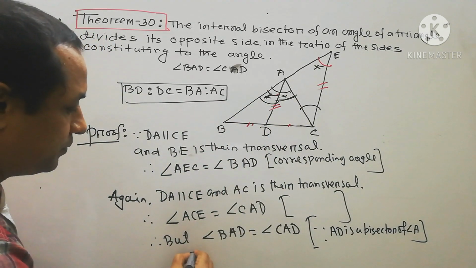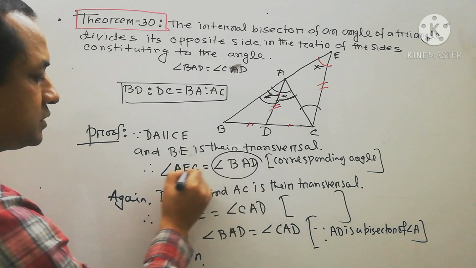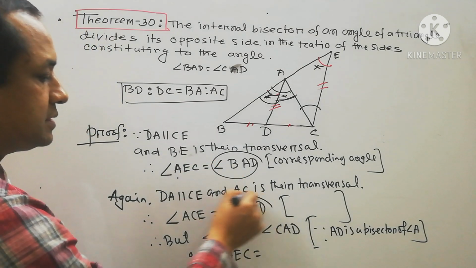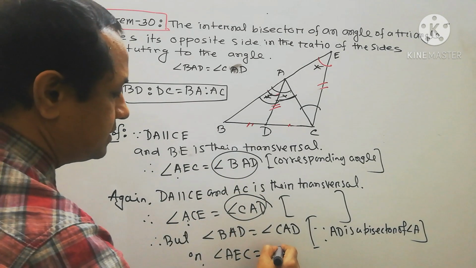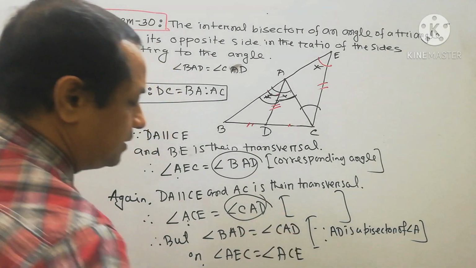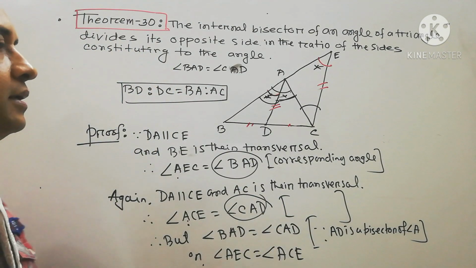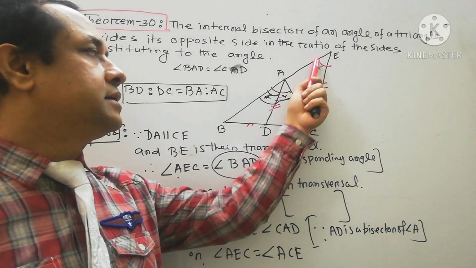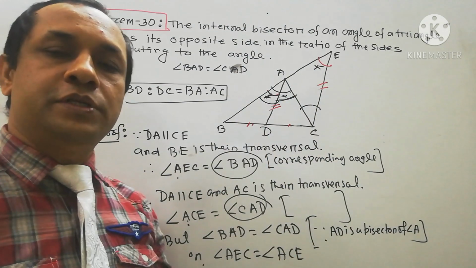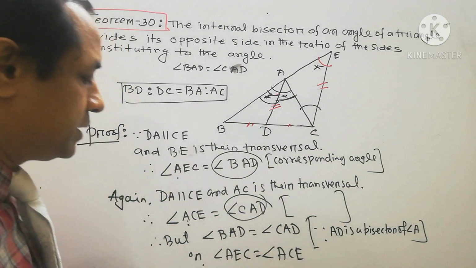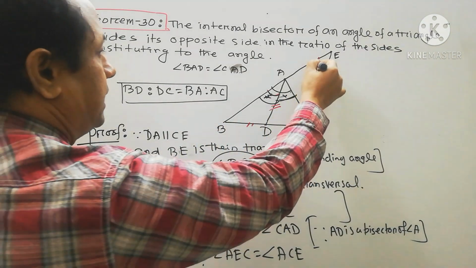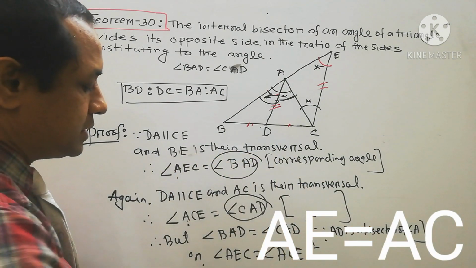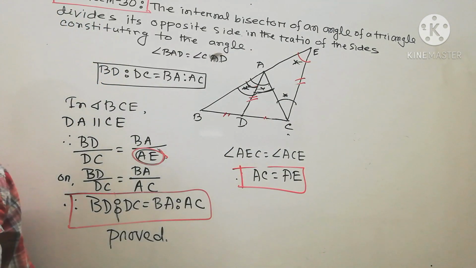Now putting the values, BAD equals angle AEC, and CAD equals angle ACE. So in triangle AEC, two angles are equal, so the opposite sides are equal. So we can write AE equals AC.